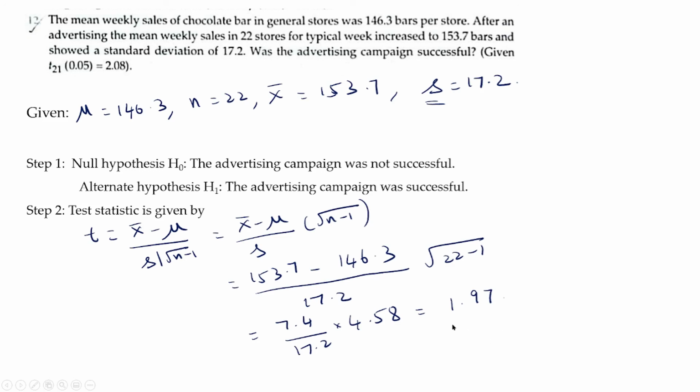So here we get 1.97, which is smaller than the table value at 5% level of significance and 21 degrees of freedom. 1.97 is less than 2.08. As a result, H naught is accepted, which means the advertising campaign was not successful.